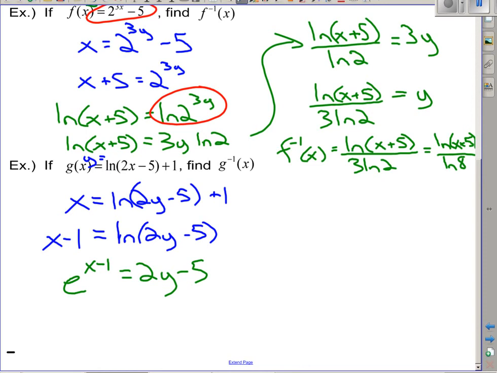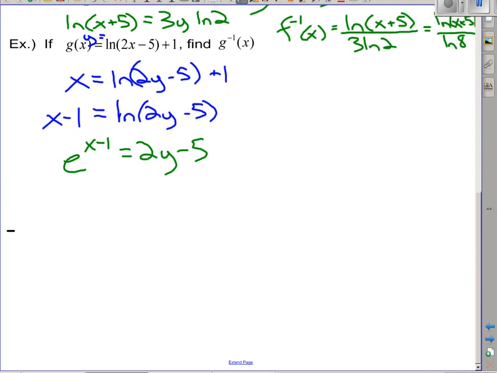Just like if I were to write log base e of 21 equals x, you'd know that in exponential form, that meant e to the x equals 21. Same thing over here. Base is e, the exponent was x minus 1 for us, and the result was 2y minus 5.